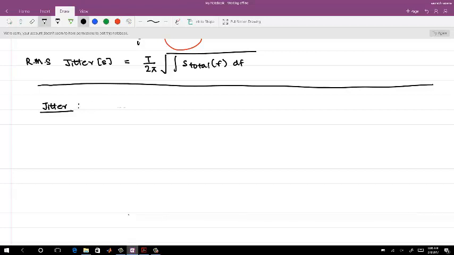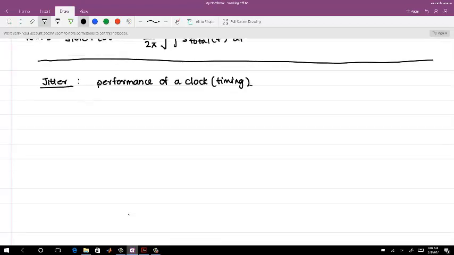It's just a performance measure of a clock, which is timing itself. So let me plot a little bit to scale.